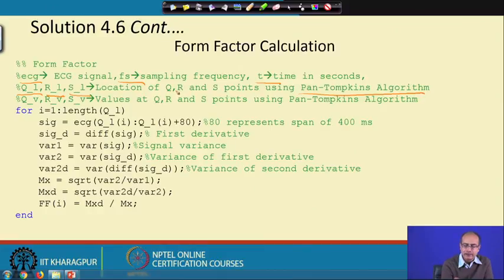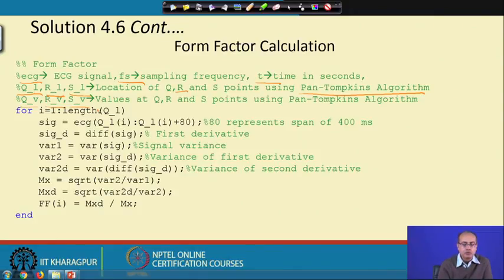Actually, we get the R, and taking that as a reference we find out the location of Q and S, and the corresponding values at those points we also get, okay, once the locations are there.